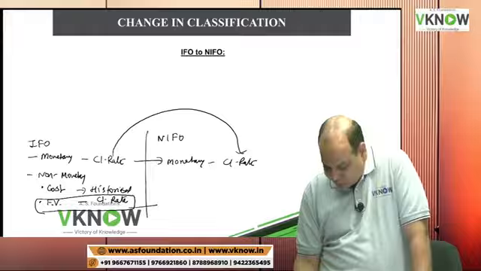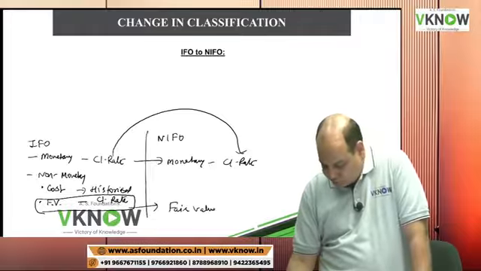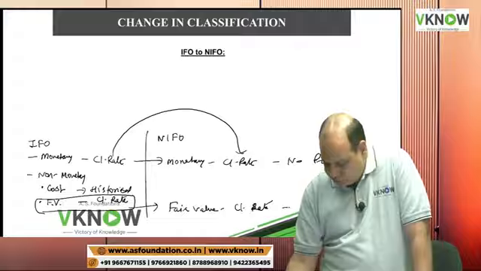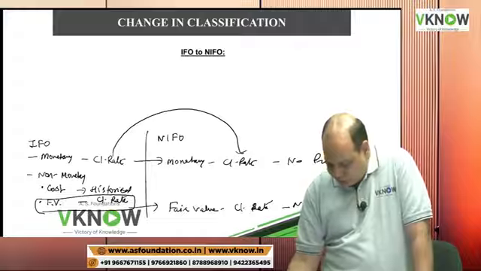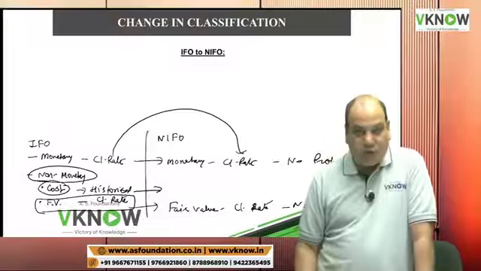Last one, non-monetary items which are carried at fair value are also usually at closing rate. So no problem. But visualize this one: non-monetary items which are carried at cost.